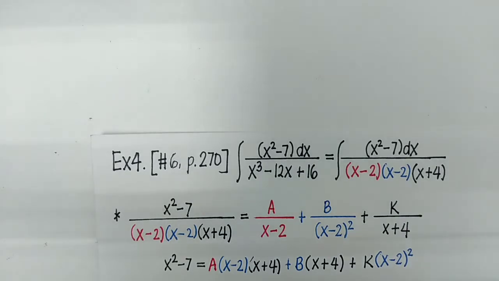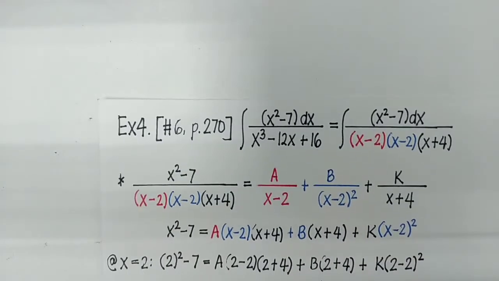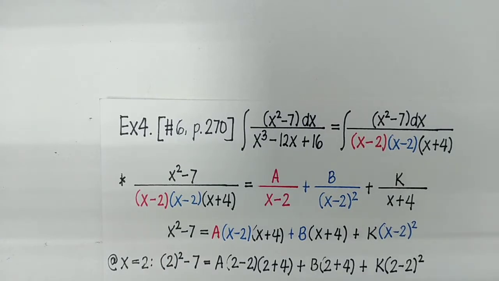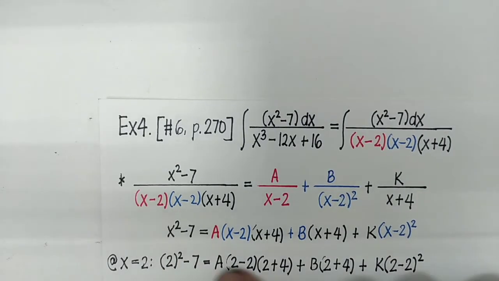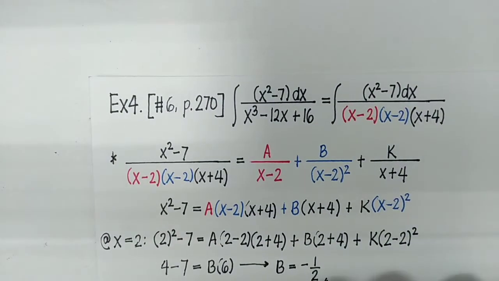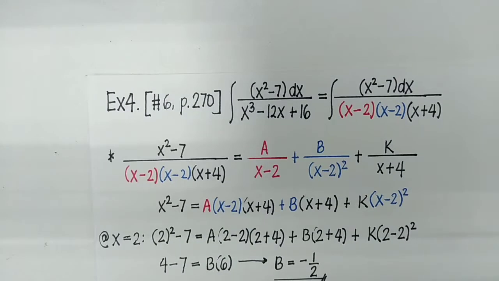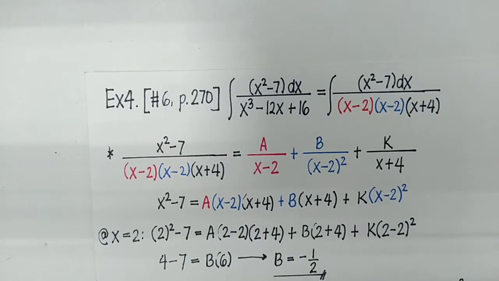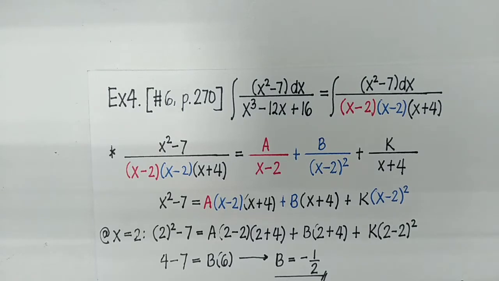So with that, we can solve for the b as follows. Letting x equal to 2 now, we have this expression. This one disappears, this one as well, leaving us with 4 minus 7 equals b times 6, or b is now equal to negative 1/2.